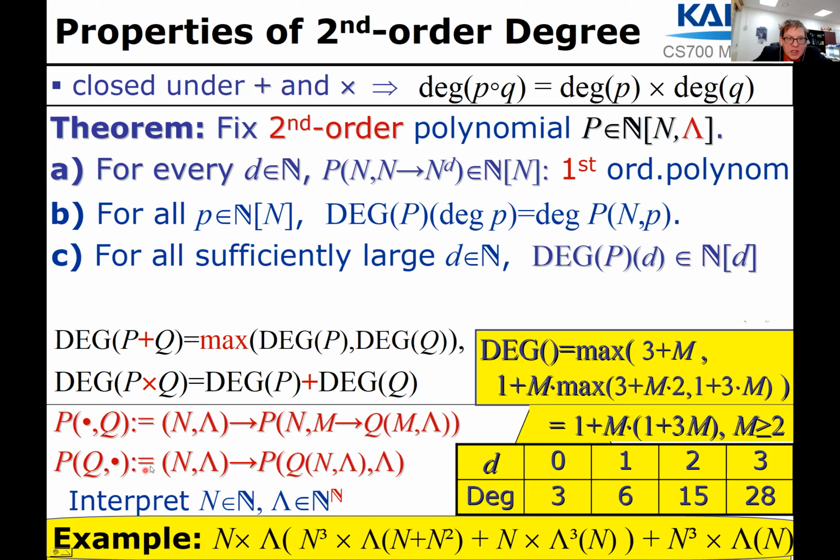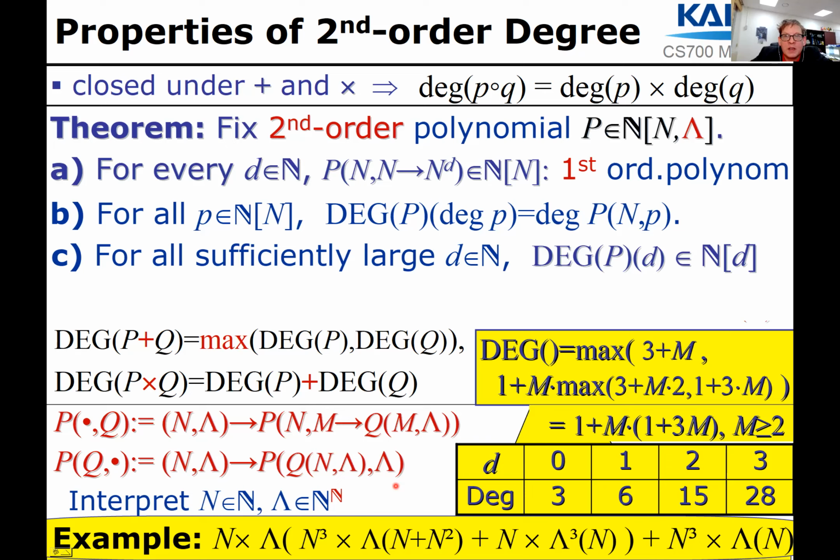So here, this is an abbreviation for: take this polynomial at the given natural number argument and at the given second order function argument here. Then for fixed n and lambda, this is a natural number, and we can plug this in. So now the second order function lambda enters into this composition in two places, here and here, simultaneously. So to summarize, in second order polynomials, we have to consider two ways of composition.